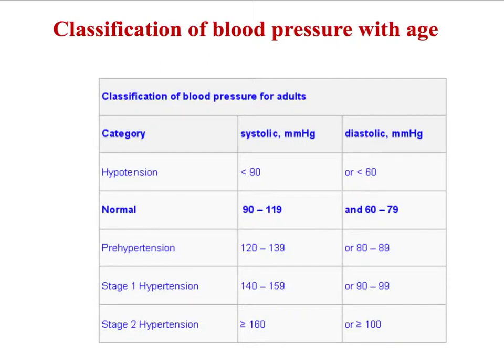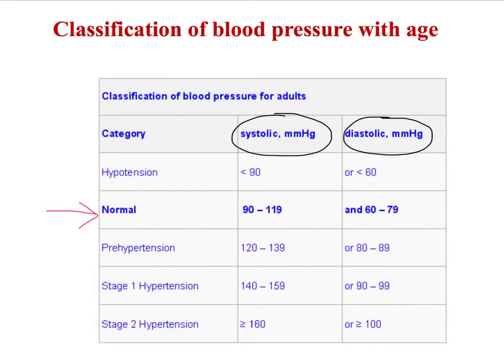So let's just think about blood pressure in terms of age and what the numbers mean once you've got a reading. So here, where I've just drawn the arrow, is our normal blood pressure value. And you can see in this table we've got two terms, systolic and diastolic.